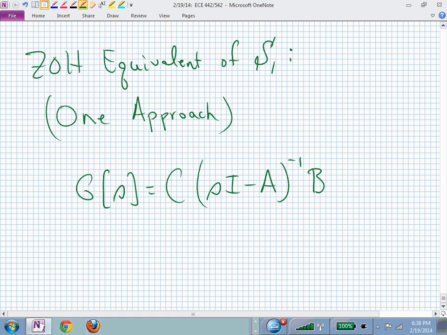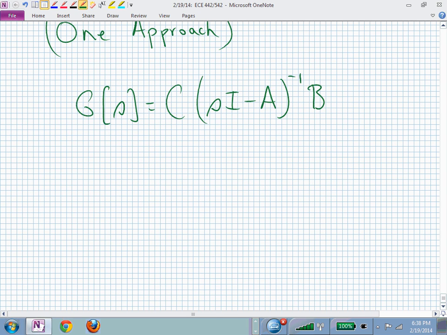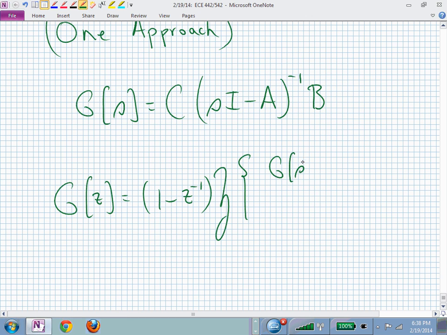So you have s to the 12th, and so you're still writing, but you now know how to find a zero order hold equivalent. You could say, oh, I know what G of s is. It's just a 1 by 1 transfer function. G of z is now 1 minus z to the minus 1, Z transform of G of s over s.